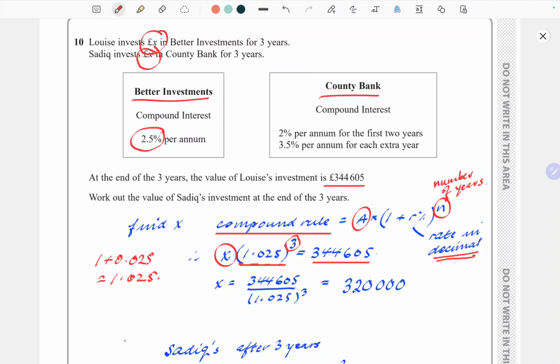So we can use that information, reworking that, to find out what the initial investment was, because without this, we can't do the second part. Need this for Sadiq's calculation.